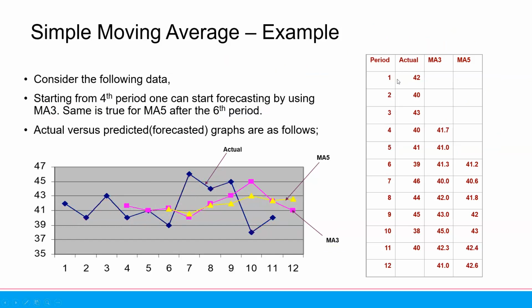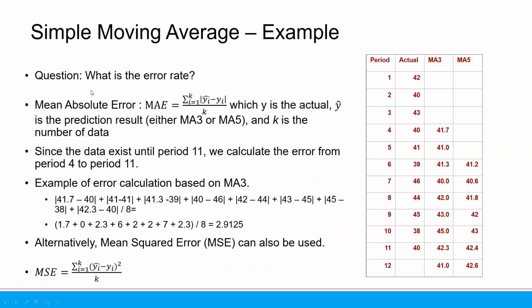So I want to know which one is better, MA3 or MA5. Then we need to calculate the performance. The performance is measured using the error rate.